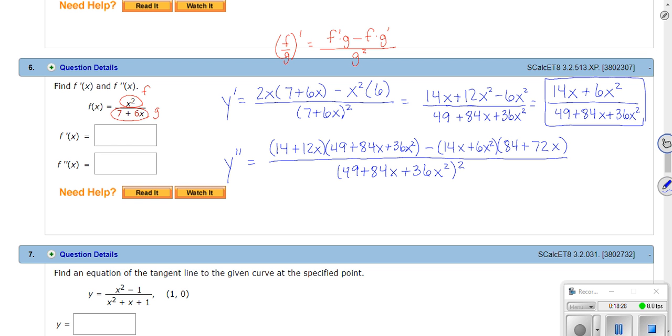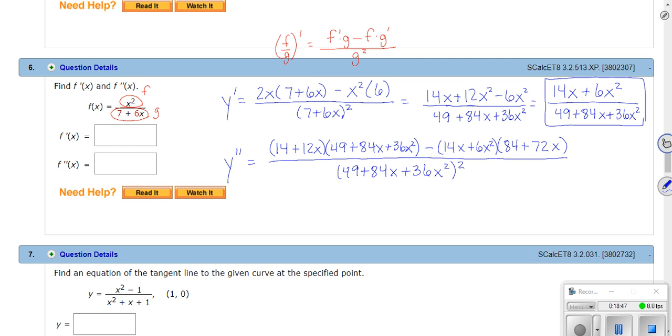For the sake of time, I'm going to stop there. You can distribute all that out of the top. There's going to be some stuff that factors and that cancels. So that's good. But that at least gets you started on the second derivative.